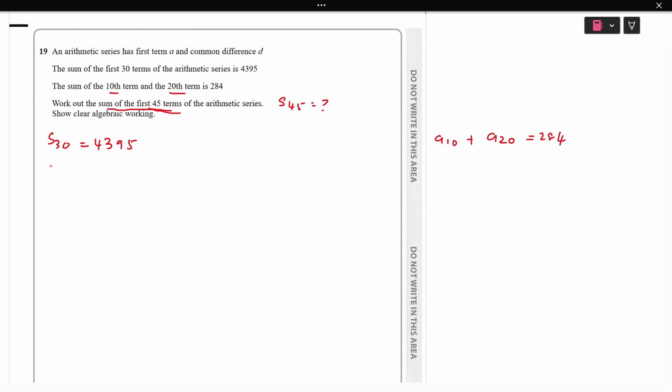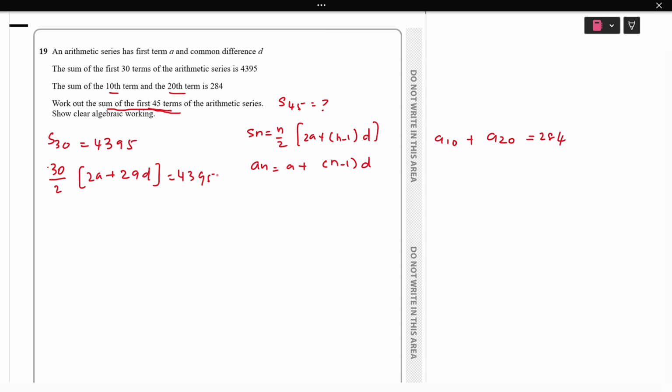Okay, so I'll go for S30. The sum of the nth term formula is Sn equals n by 2 into 2a plus n minus 1 into d, and the nth term is a plus n minus 1 into d. Here I am using the sum formula: 30 divided by 2 into 2a plus 29d equals 4395.